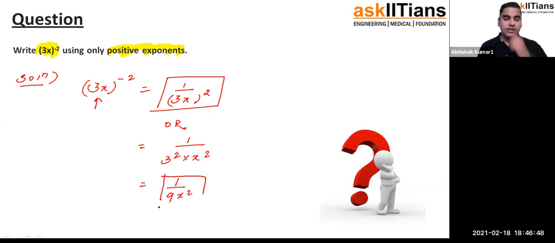So the crux of the topic that we discussed is that whenever you are asked to convert negative powers into positive powers, all you have to do is take the reciprocal of the term which is in the base. If you take the reciprocal of that term, the powers are going to become positive. That's it. All right.